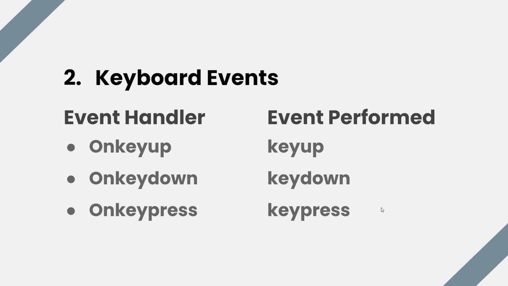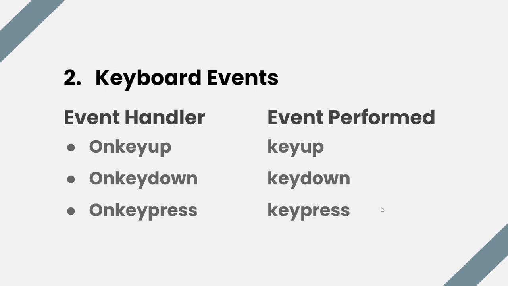And so we have the event handlers under the keyboard event. To begin with, the onKeyUp event handler. And this particular event handler performs an action when a user releases a key on the keyboard.